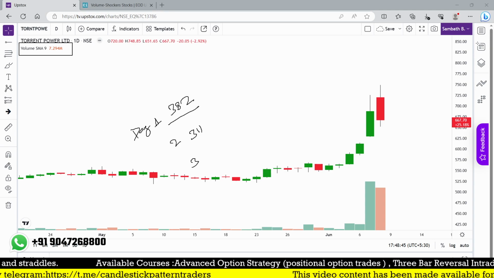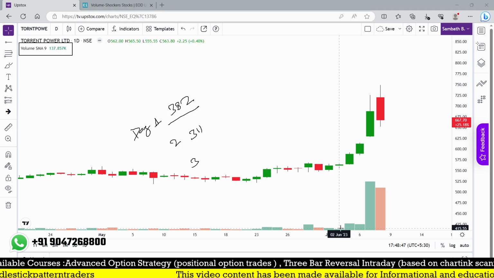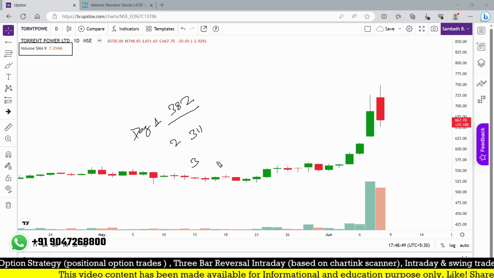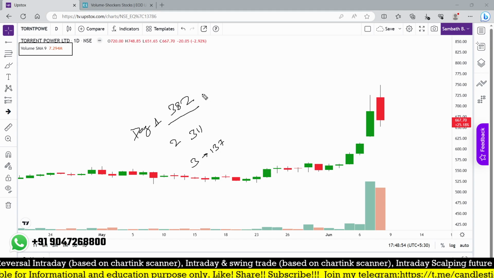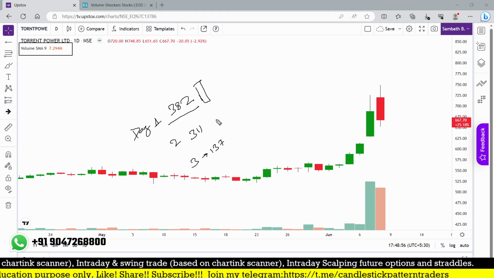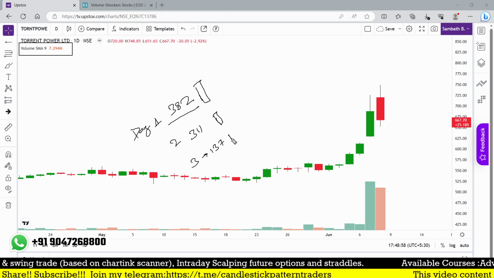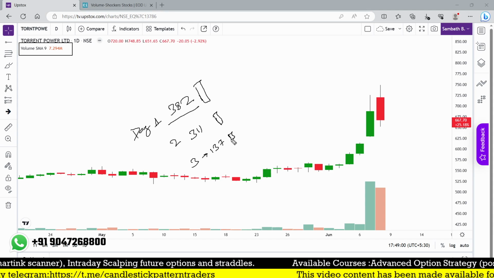And day 3 is about 137K. So the volume keeps decreasing: first day 382, second day 311, and third day 137.